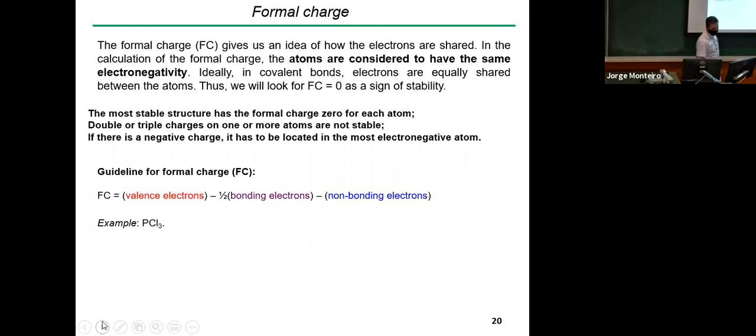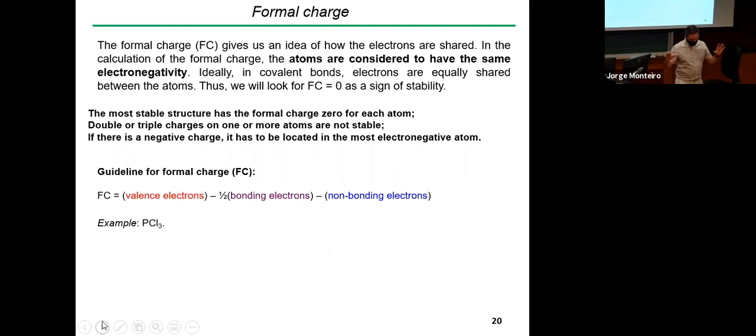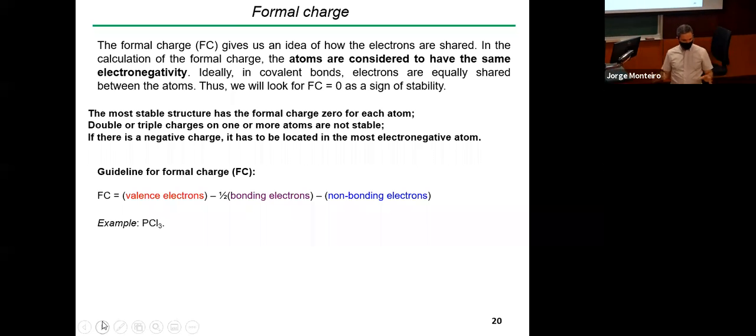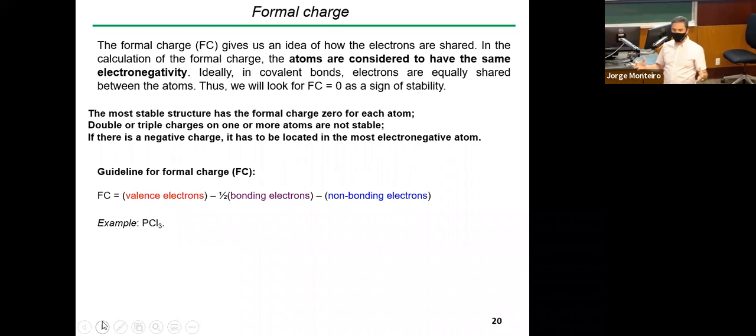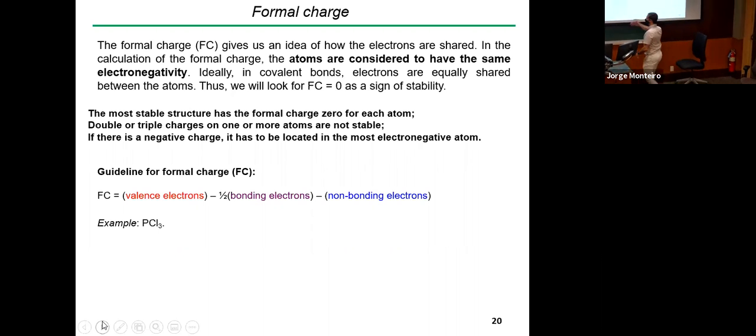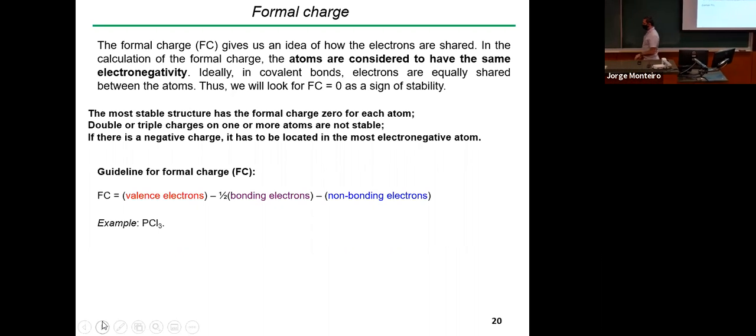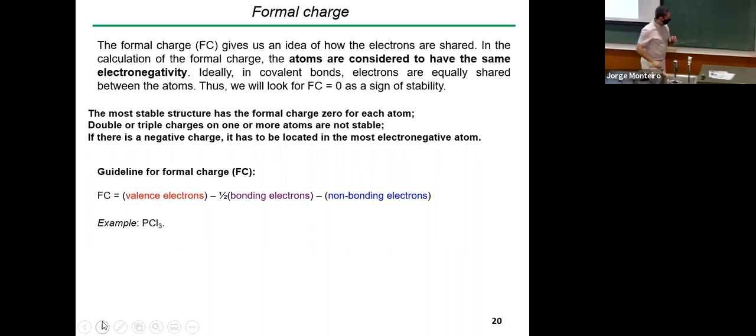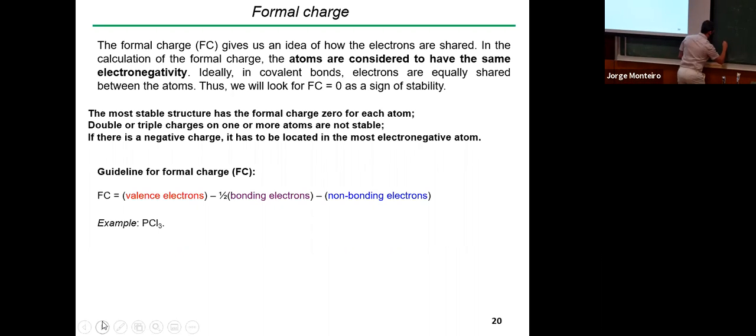So that's the first possibility. So let's figure out if that's likely or not likely to be the most stable one using the formal charge, okay? We are looking for formal charge 0 for everybody.